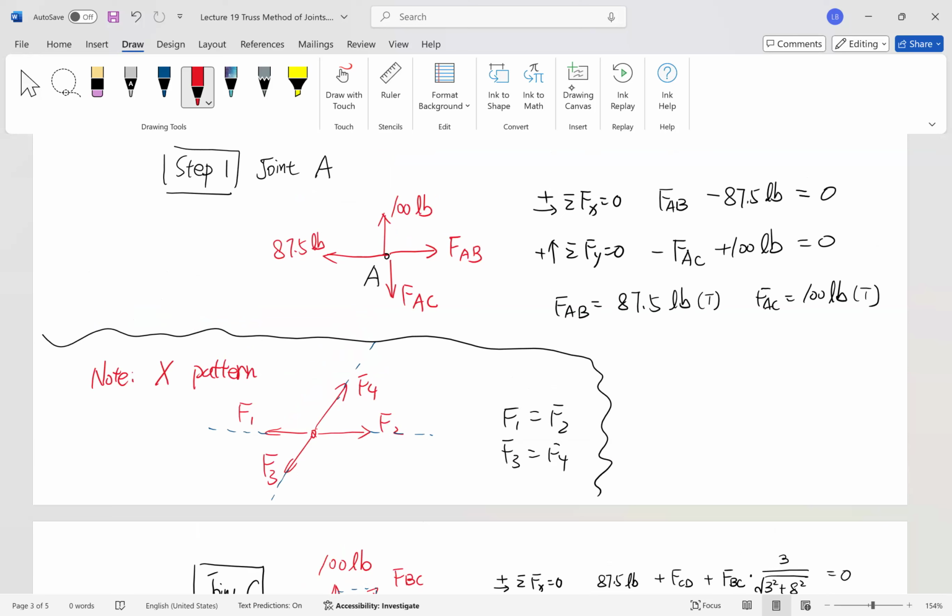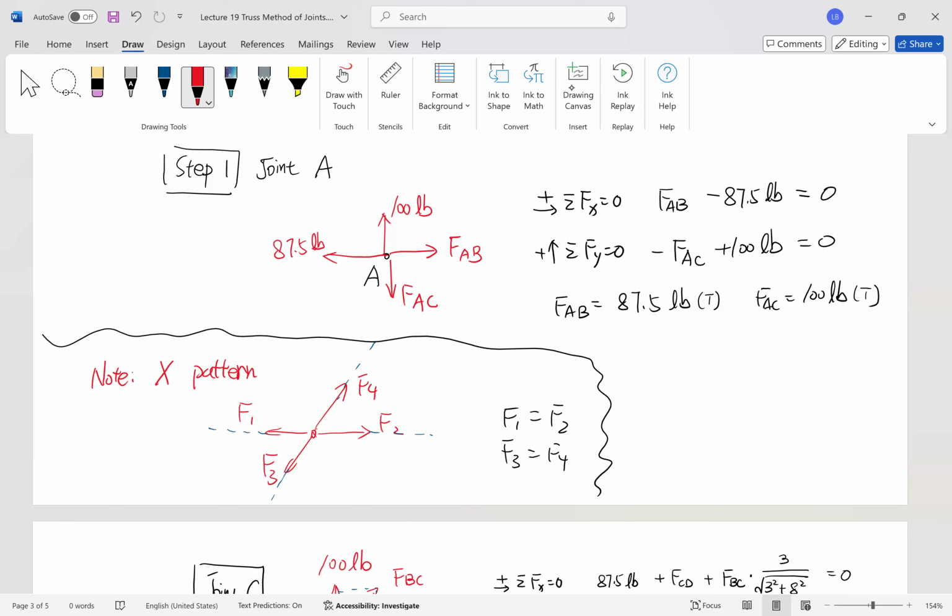Now if, for example, I let F4 equal 0, or in general, I let any of the four forces equal 0, that will be a T pattern here. Then the third force that is not along the line shared by the first two forces has to equal 0, because nothing else can balance that out.